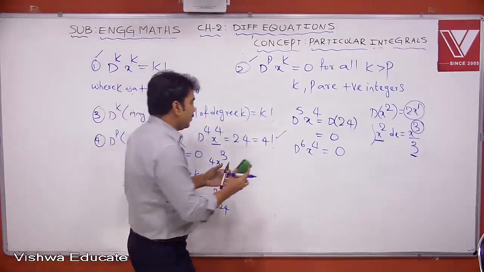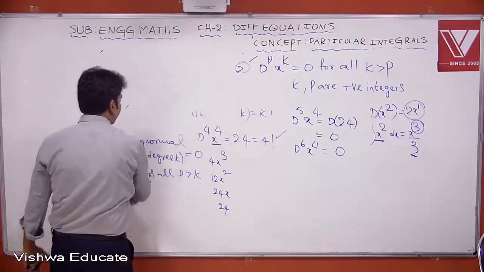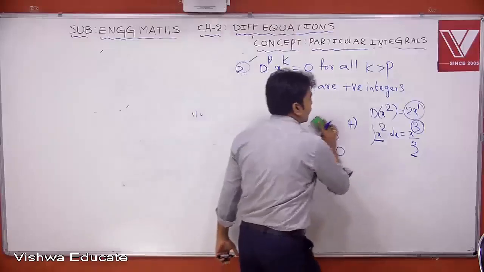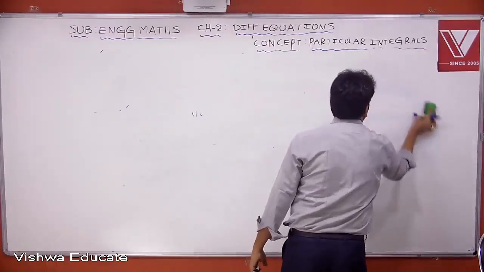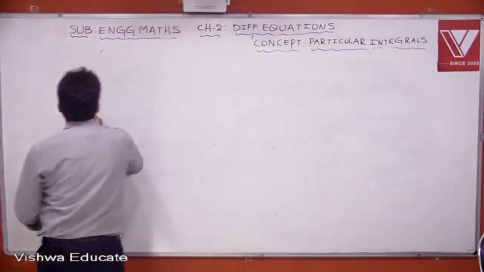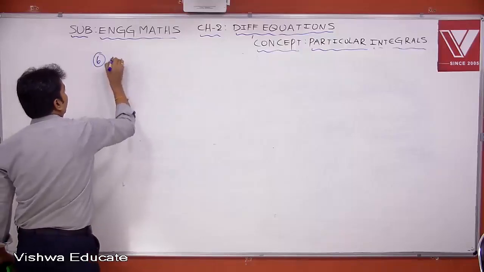Now let us discuss the procedure to find the particular integrals for polynomial expressions. So it is case 6, the last case in particular integrals.